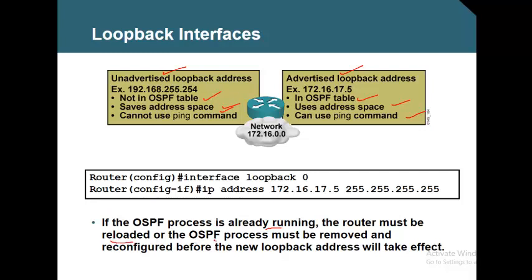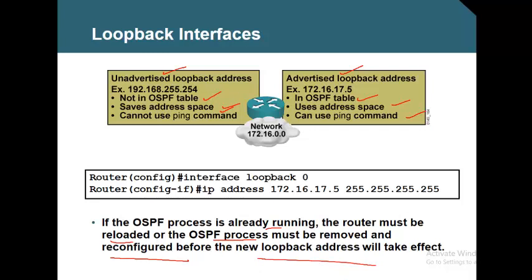Now, as I said earlier, if the OSPF process is already running, the router must be reloaded, or you need to kill the OSPF process and reinitiate it, by typing the command clear ip ospf process, so that the new loopback address will take effect.